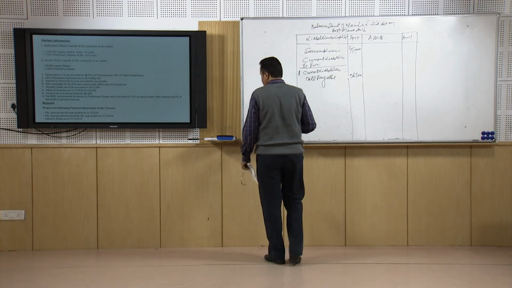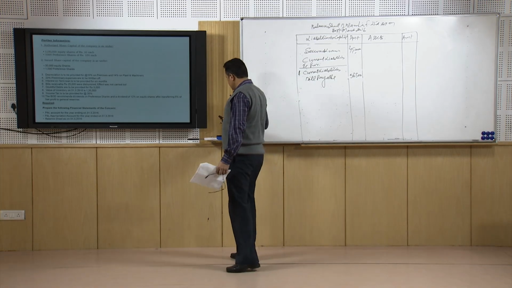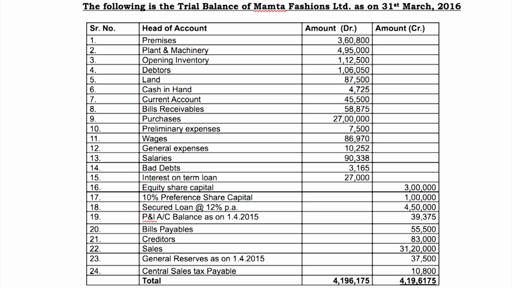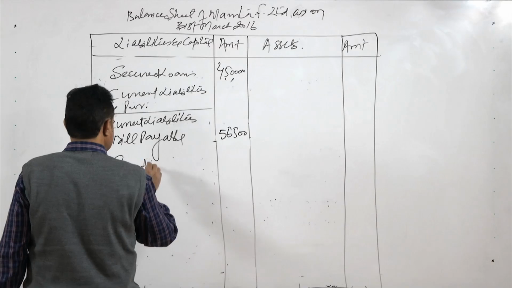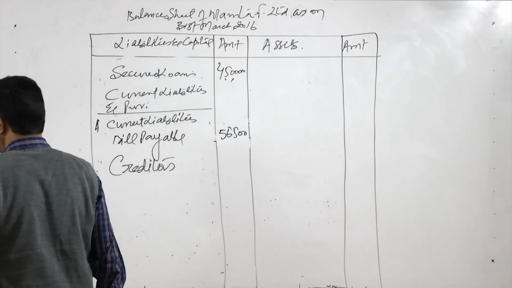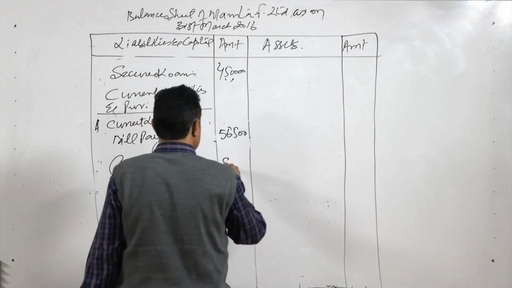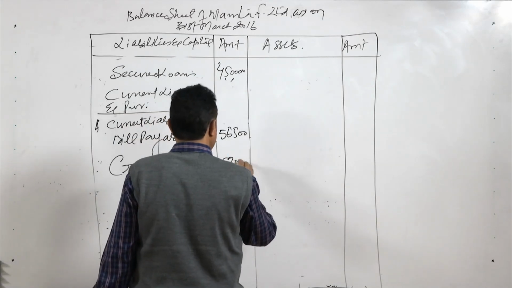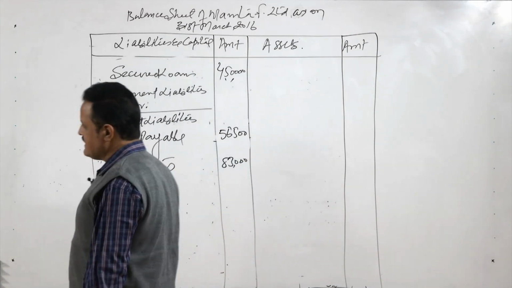Then we have creditors. The next source of funding here is creditors, sundry creditors. The creditors are 83,000. We have taken the creditors also.